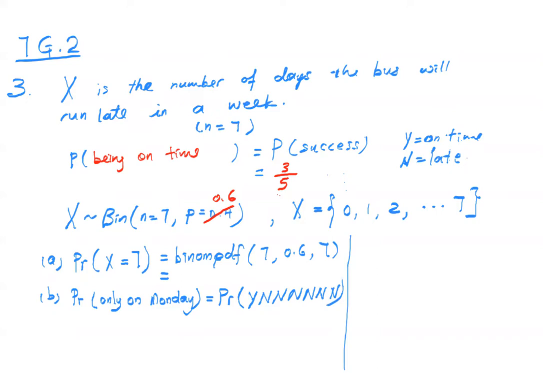Yes. Can I use binomPDF? The answer is no. You have to write this as 0.6 to the power of 1 and 0.4 to the power of 6, and use a calculator to count, because they say only on Monday. Clear? So you have to read the question very carefully. You have no choice.